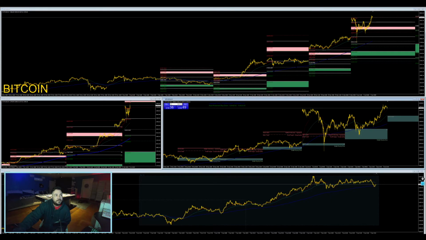Since I don't trade the CAD, how would you feel if I replaced the CAD with Bitcoin's chart?